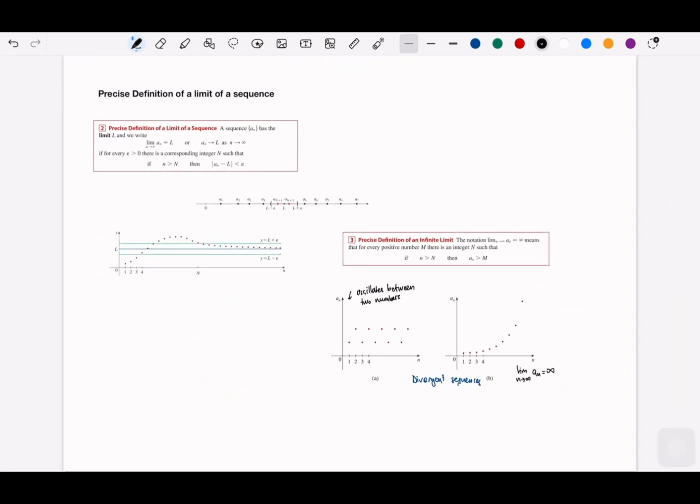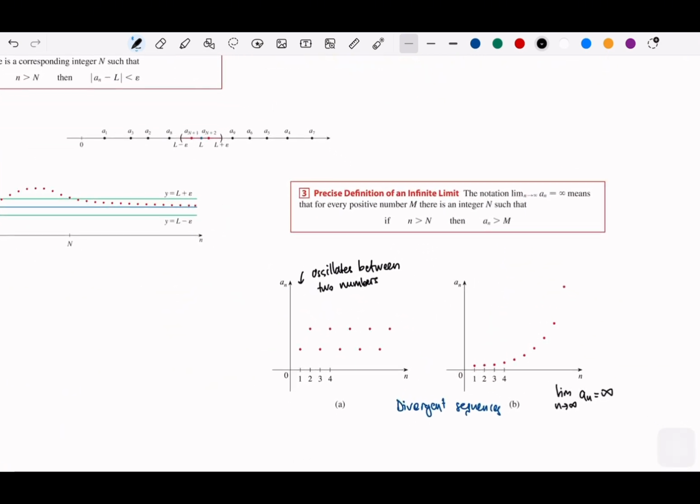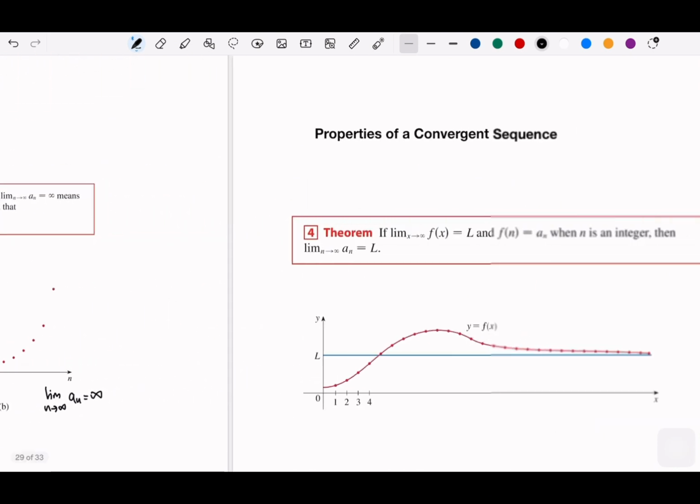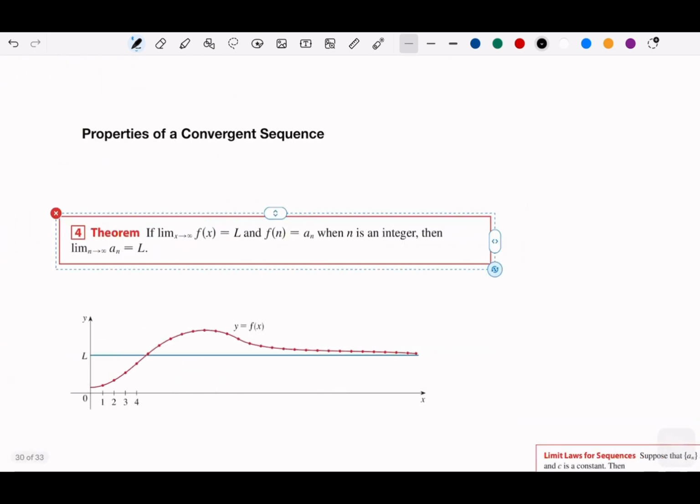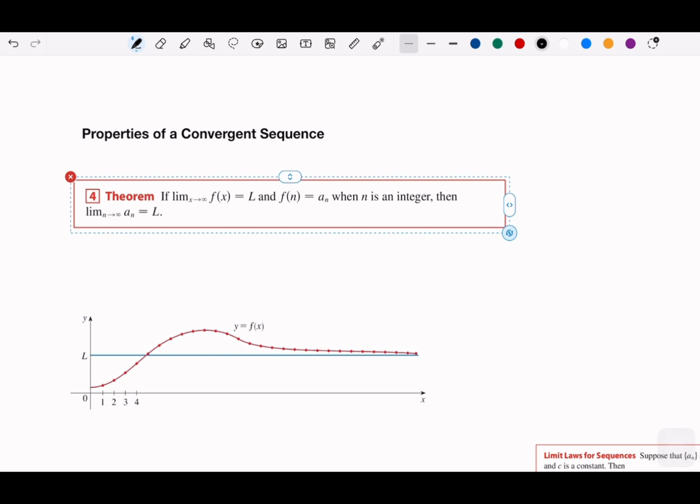Okay, and since we are discussing limits, we are going to have some properties. Properties of a convergent sequence, which is by taking the limit.